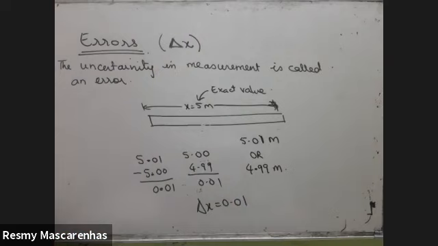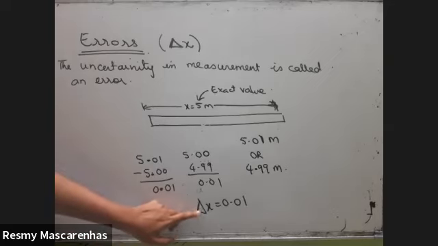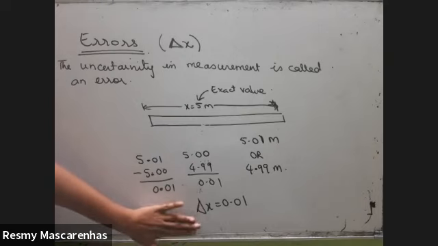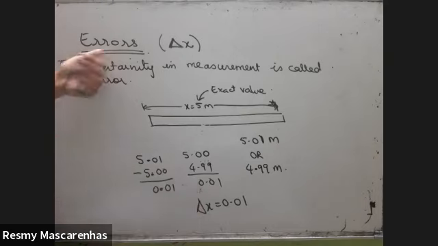You should be getting exactly 5 meters, but you are getting something slightly different from that. So that difference is called an error and is always denoted by this word delta. So whenever you come across this delta, you know that it indicates the word error.